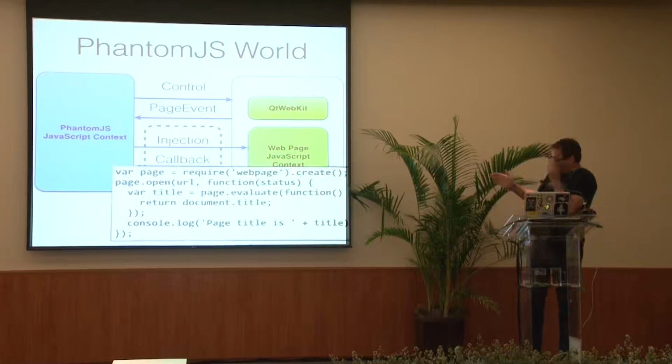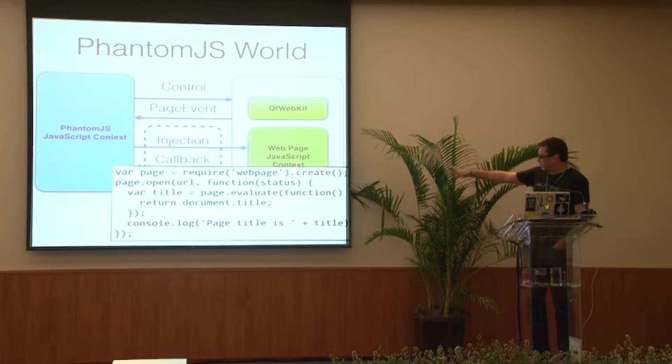The simplest program that would drive Phantom.js looks like this. It's in JavaScript syntax. You create a web page, and then page.open accepts the URL, and whenever that URL is loaded, the callback function with the status will be executed.